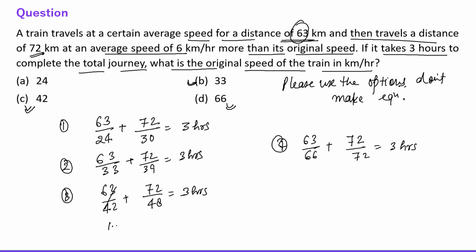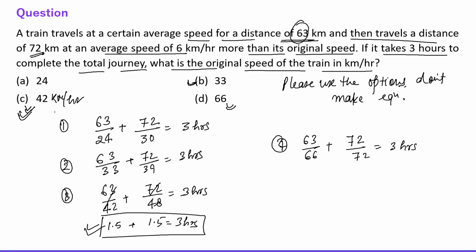We are getting 1.5 plus 1.5 is equal to 3 hours, right? So for the third option, the condition is being satisfied. So the correct answer is 42 kilometers per hour, right, everyone?